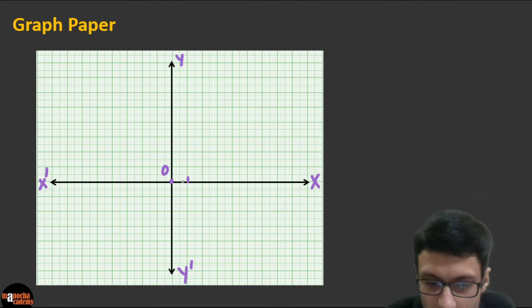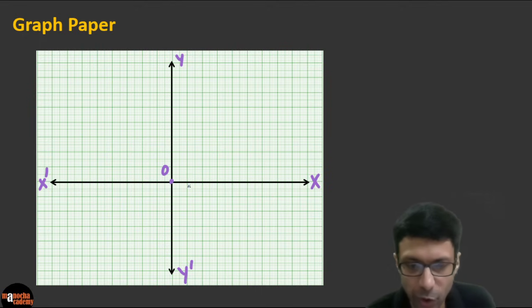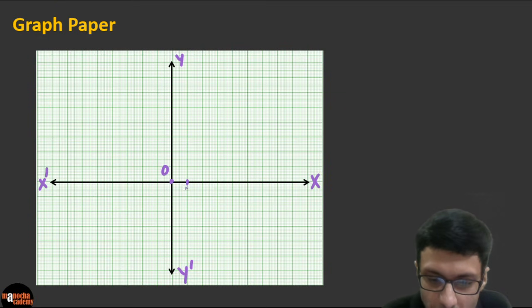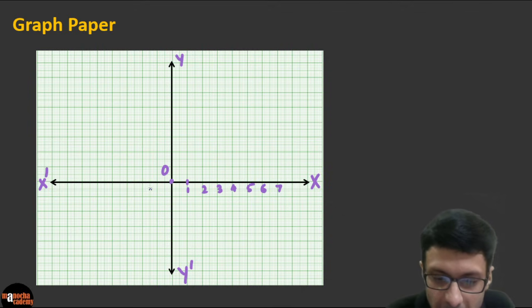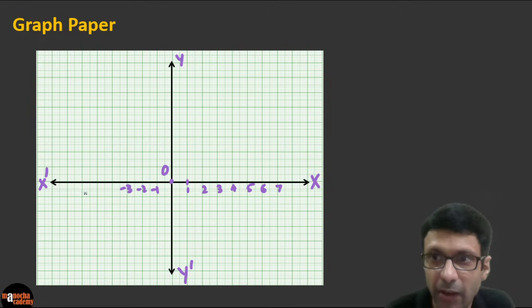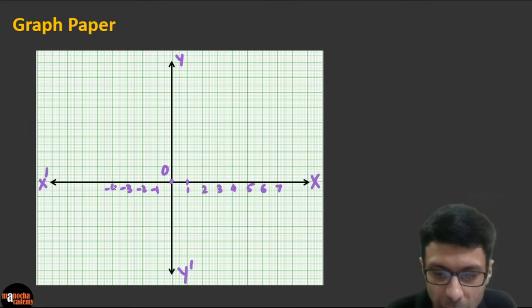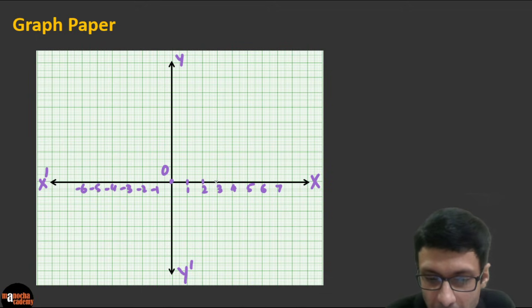So let me write it a little clearly here for you guys. This point is going to be 1. Then we have 2, 3, 4, 5, 6, 7 and so on, on the x-axis. Similarly, this will be -1, -2. Can you see that? -3, right, guys? -4, -5, -6 and so on. So what am I doing?